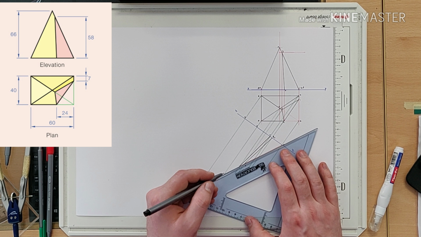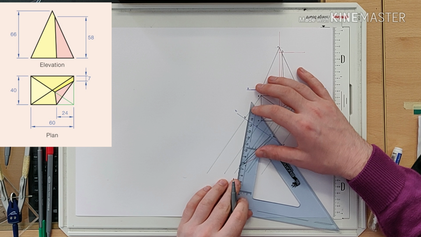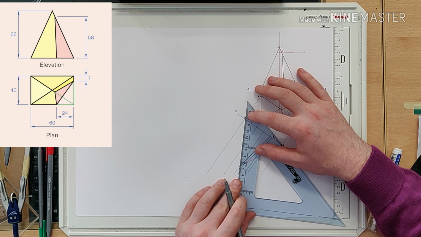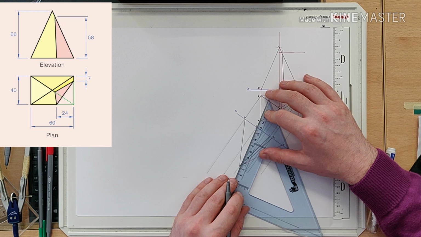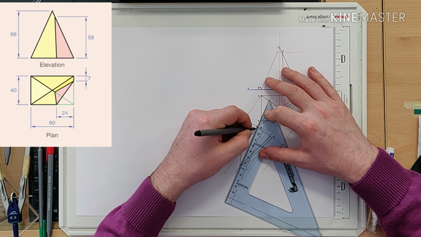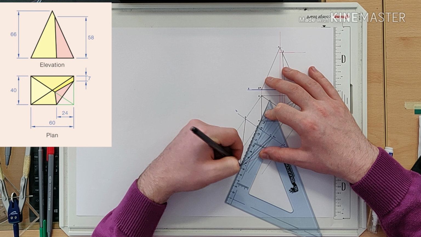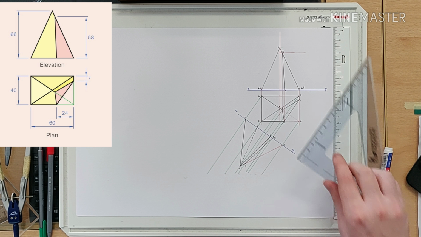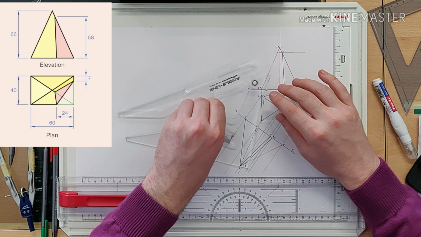I'm also going to join point O to point C, point O to point B, and point O to point A. Now A appears as a broken hidden line because we can't see it from this particular view. That there now shows our true inclination of the slice to our horizontal plane.